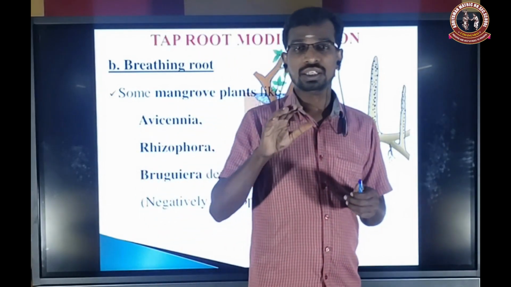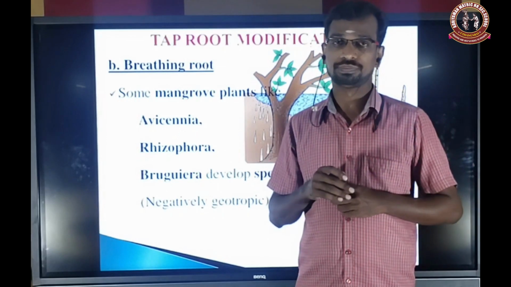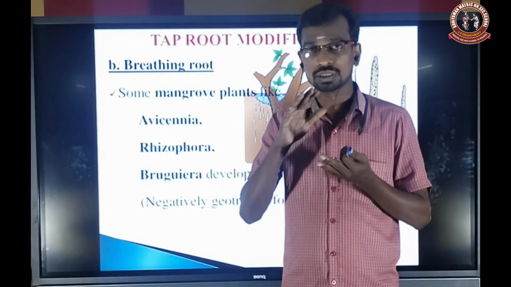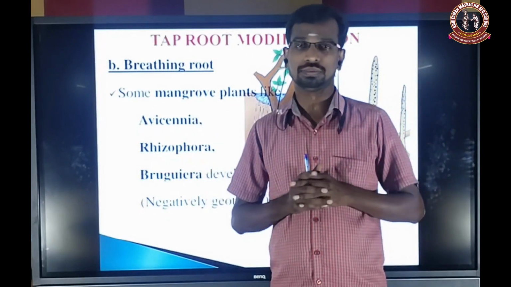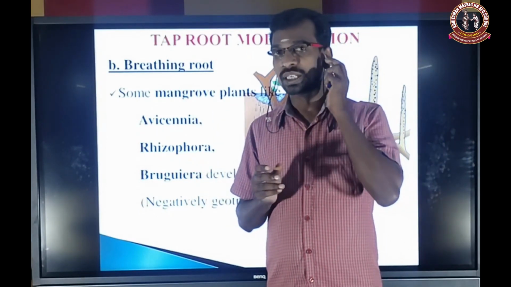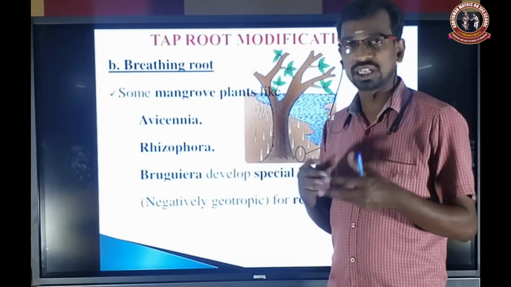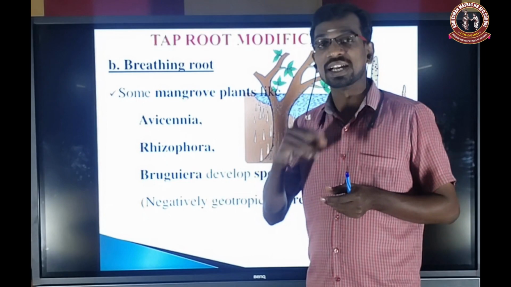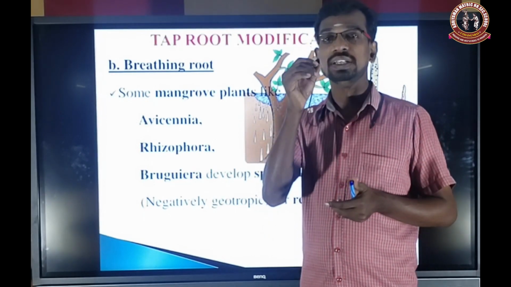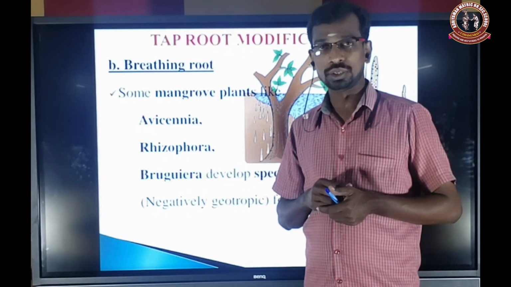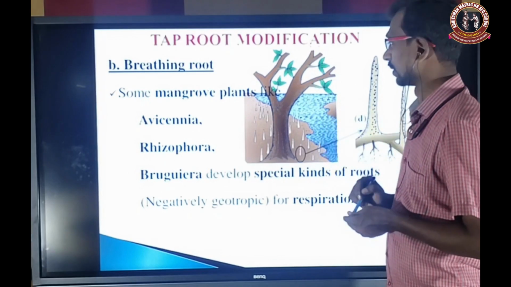In this region the water salt content is very high, so the water is highly saturated, and that is why oxygen deficiency occurs in these plants. To rectify this, they produce negatively geotropic roots. That is a breathing root.